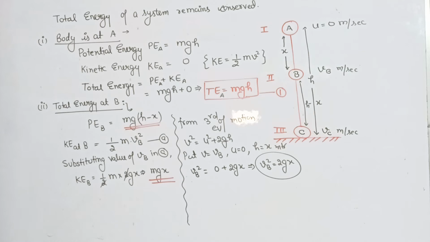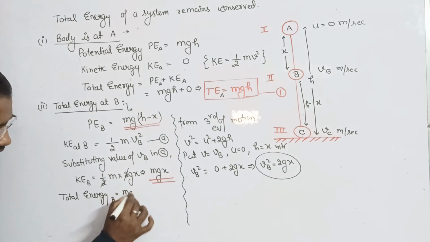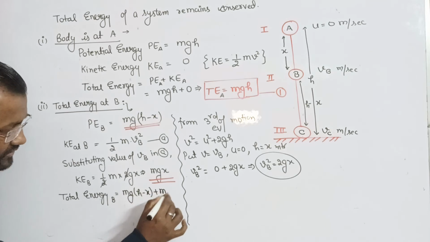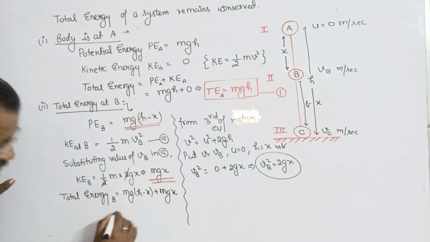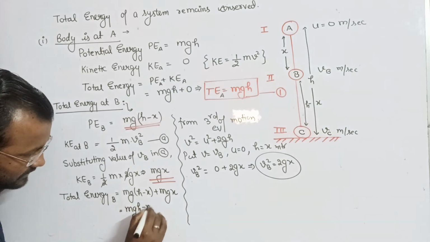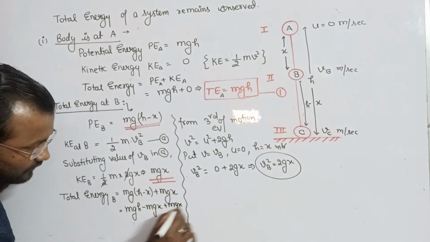So what will be the total energy? Total energy at b will be mg(h minus x) plus mgx. So जब मैं इसको सॉल्व करूंगा बेटा, ये क्या हो जाएगा? mgh minus mgx plus mgx, and what will happen?